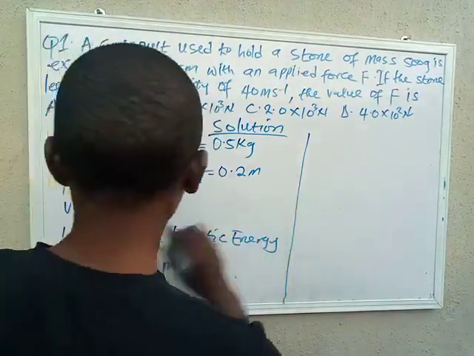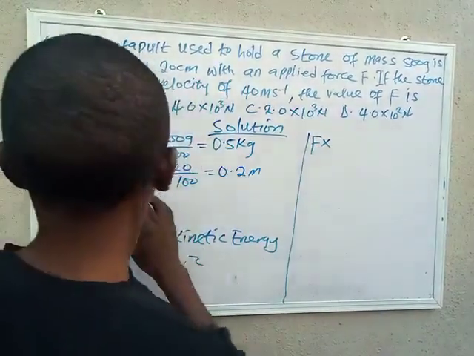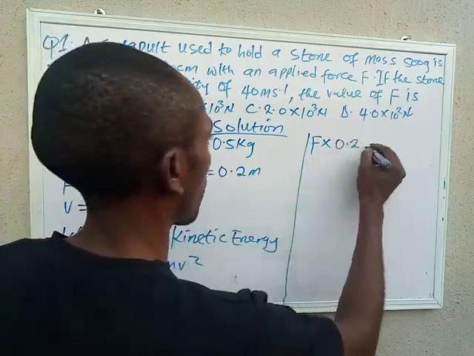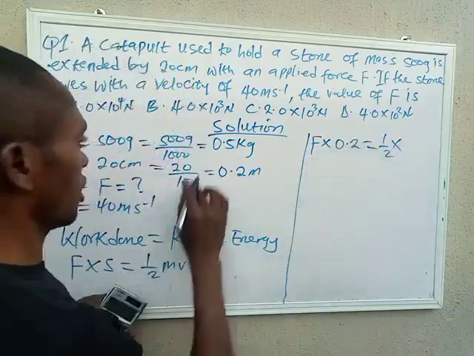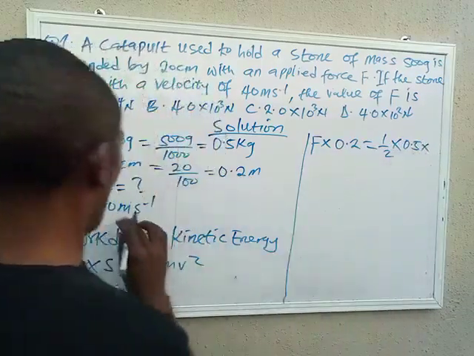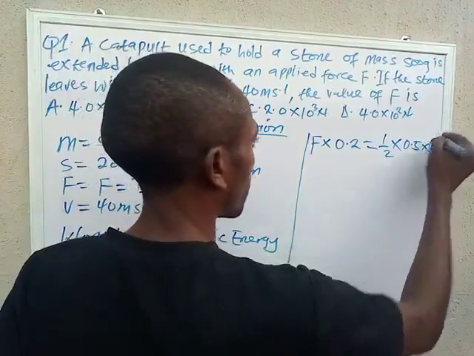Now we substitute our values. We have F times S, and S is now 0.2, equals one over 2 times the mass, 0.5, times our velocity squared, 40 squared.